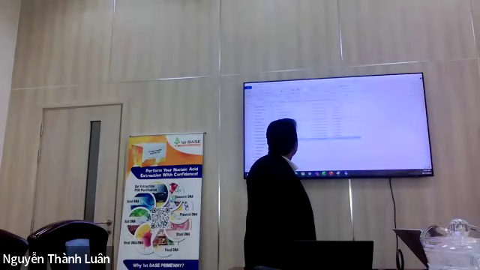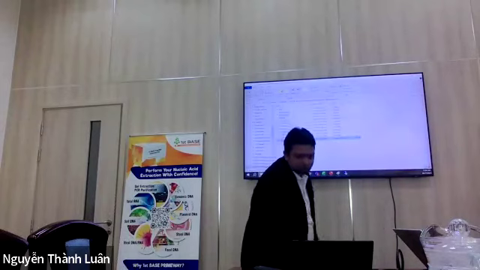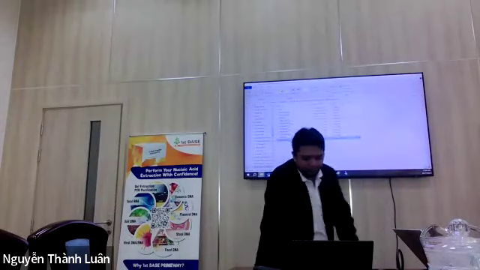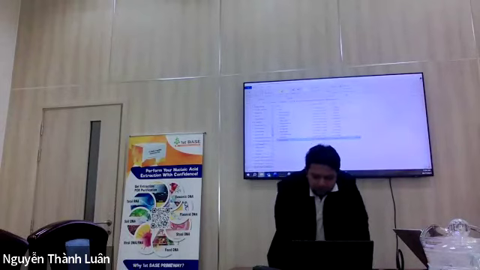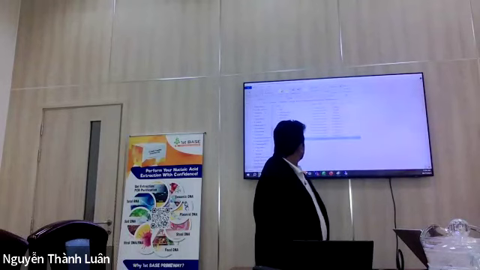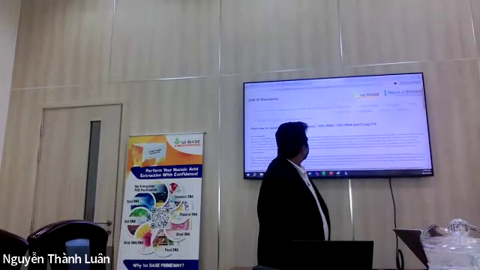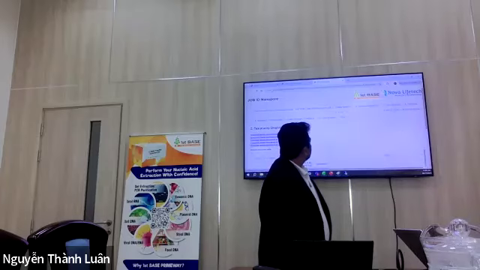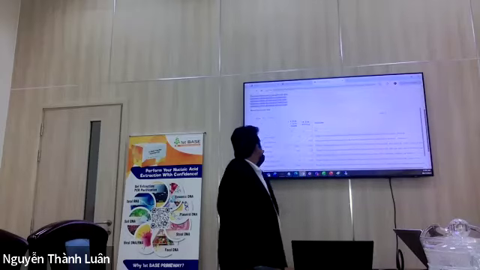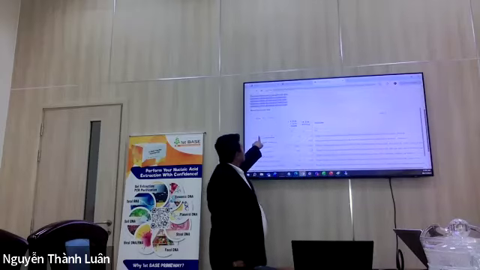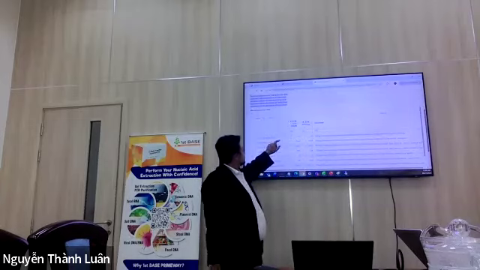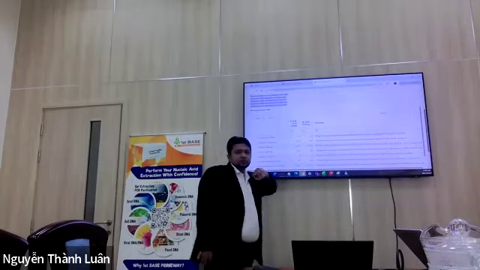So this is the result for full-length, and you can see from the taxonomy overview that Aspergillus is the genus and Aspergillus fischeri is the species.